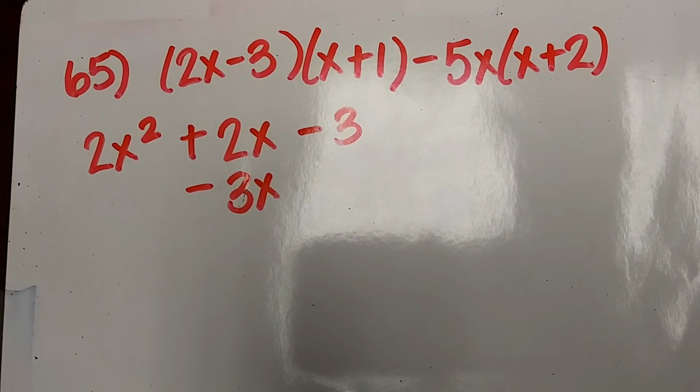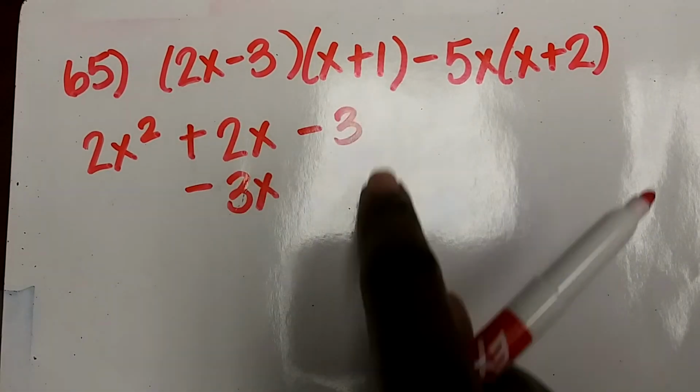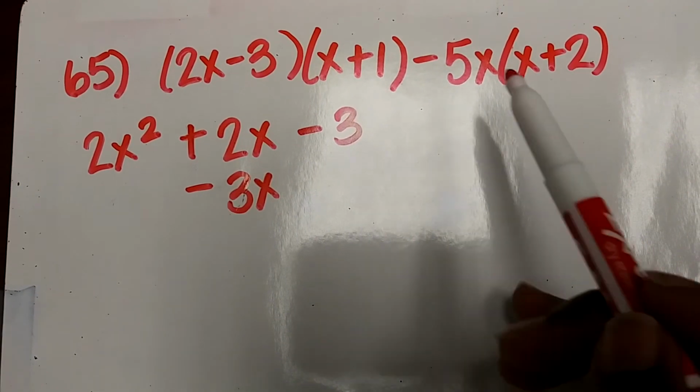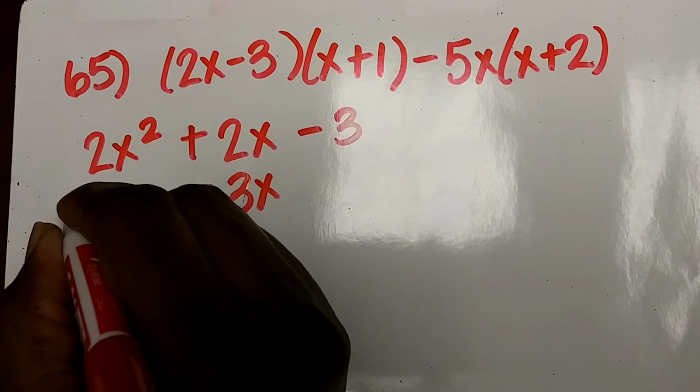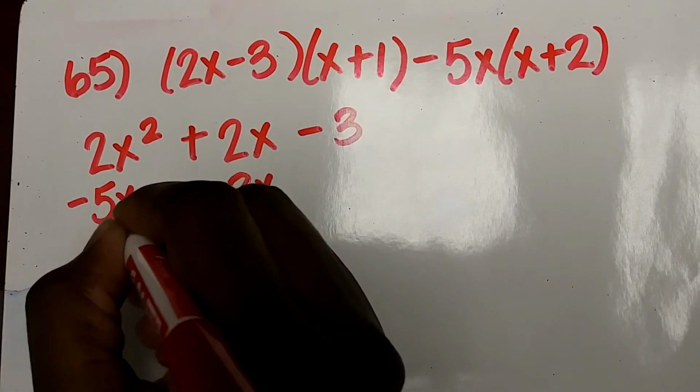So when you're doing this, you can remember, and we talked about this in the last section, you can line up your variables, your like terms, vertically as well. So we're just doing a different strategy. You can either keep everything horizontal, or you can line the like terms up vertically. It doesn't matter. Negative 5x times x is negative 5x squared.